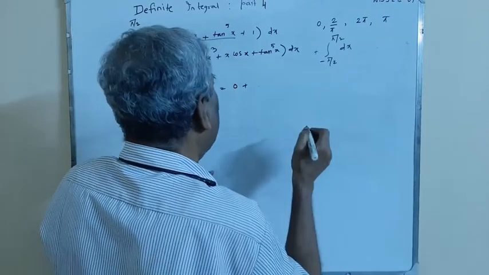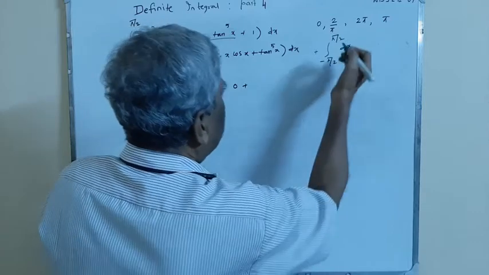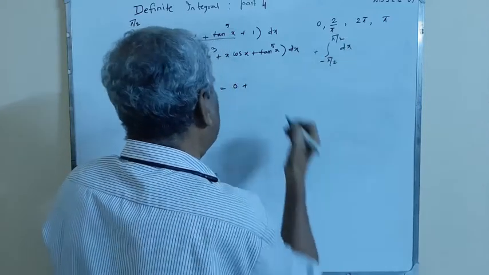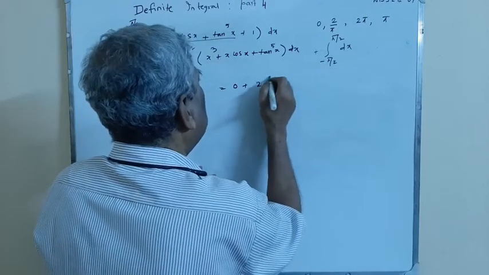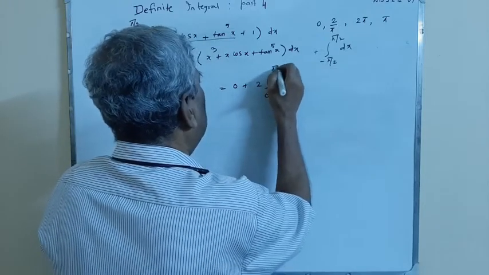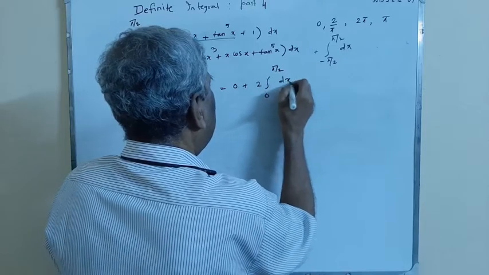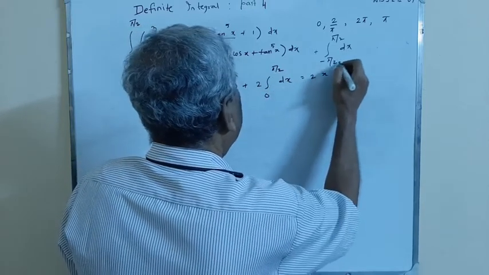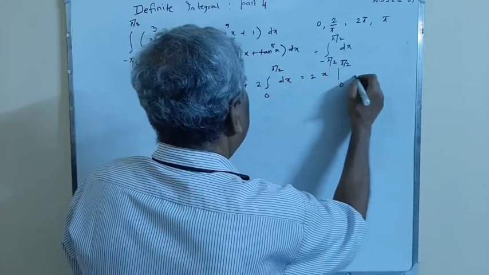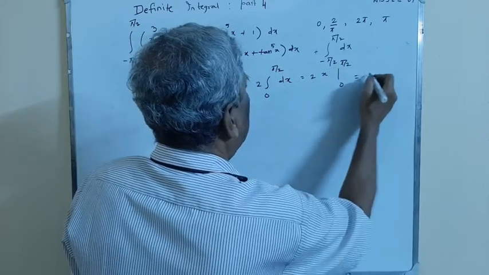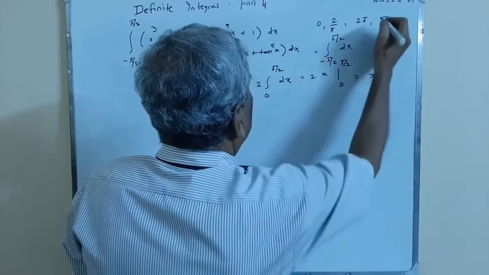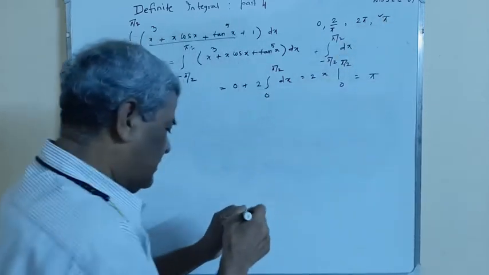Actually it is 1 dx, an even function. So this can be written as 2 times the integral from 0 to pi by 2 of dx. So that is 2 into x from 0 to pi by 2, which is 2 into pi by 2, that is pi. So this is the correct option.